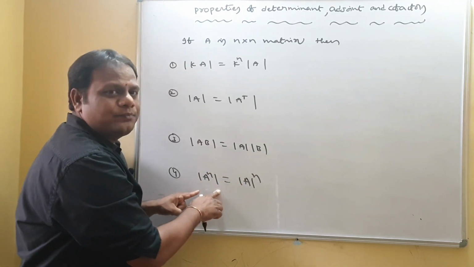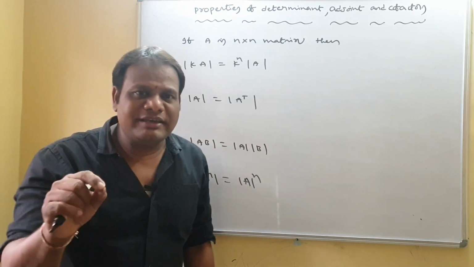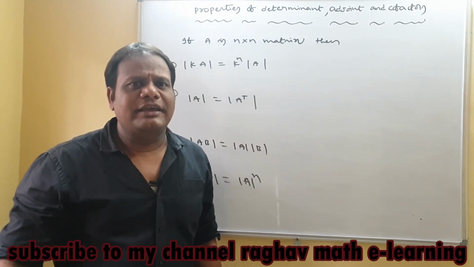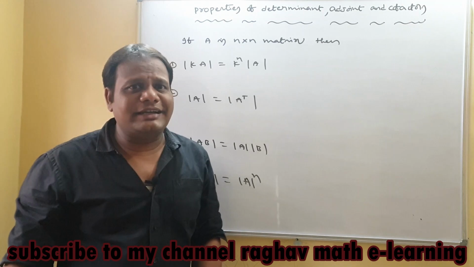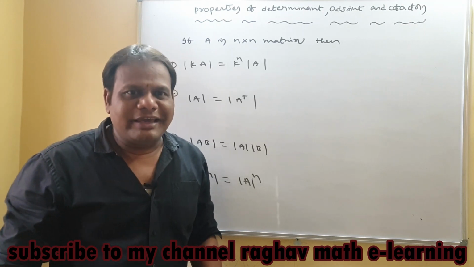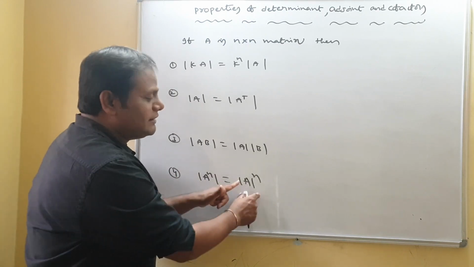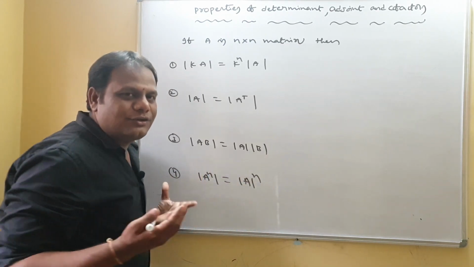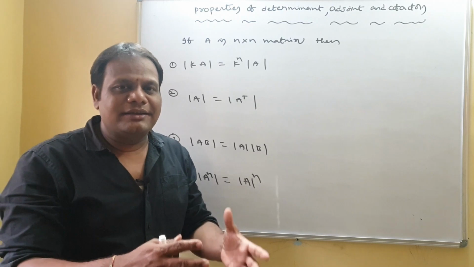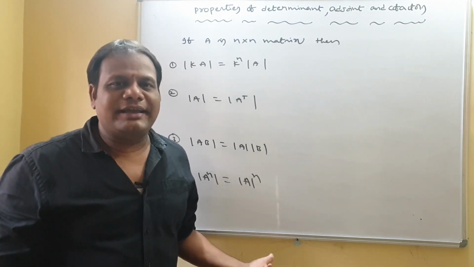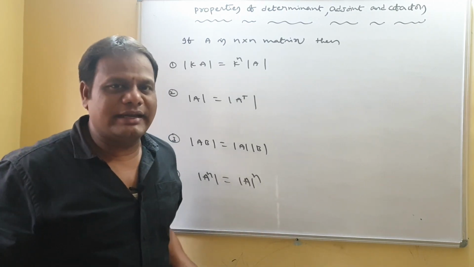Det A power n. Suppose in any question, by giving A, they ask det A cube. No need of finding A cube, that is very lengthy. You can write det A power n as det A whole power n. So det A cube is det A whole cube. You find det A, then you take the cube of that, and you get the answer.